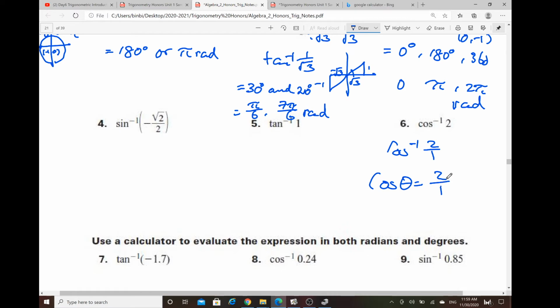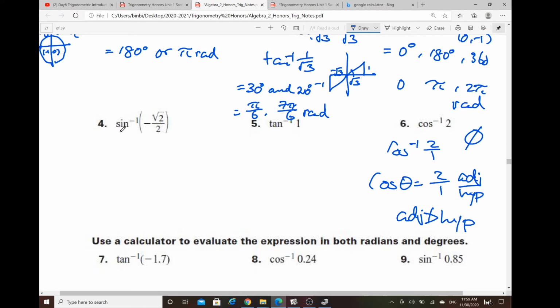Adjacent over hypotenuse: the adjacent cannot be greater than the hypotenuse. Therefore, there's no solution.